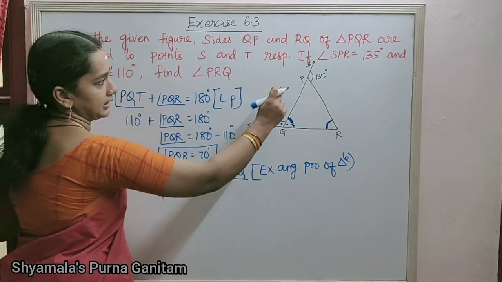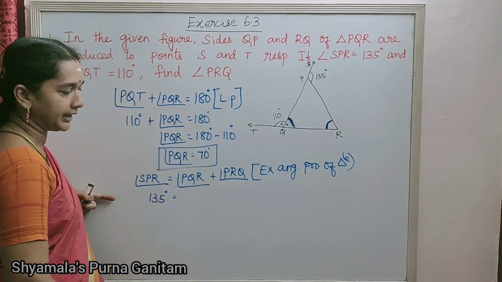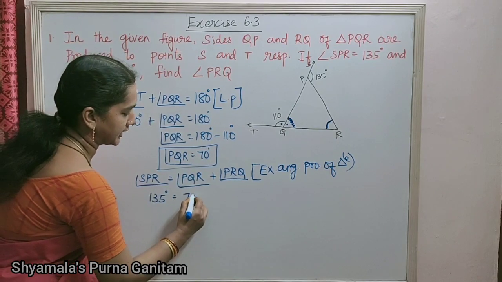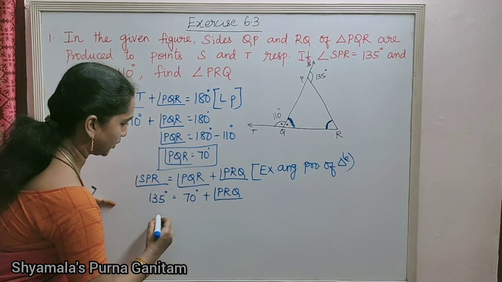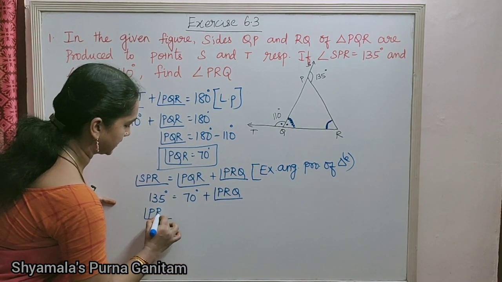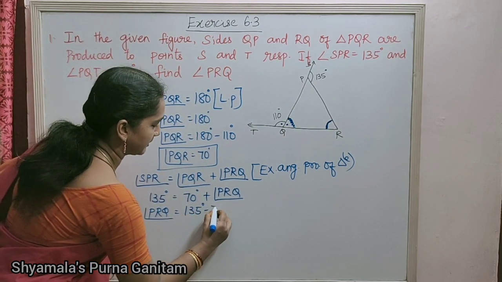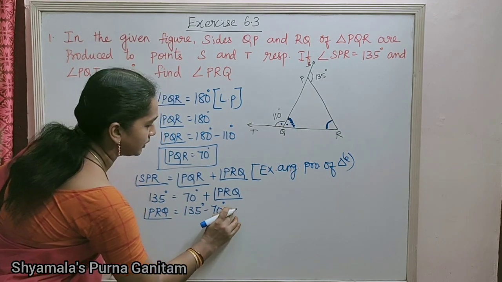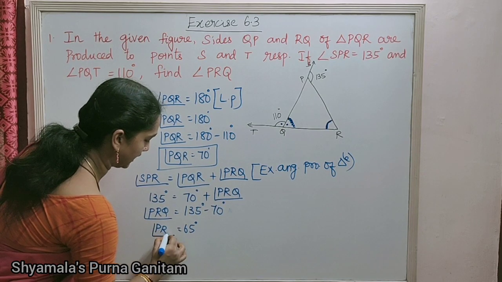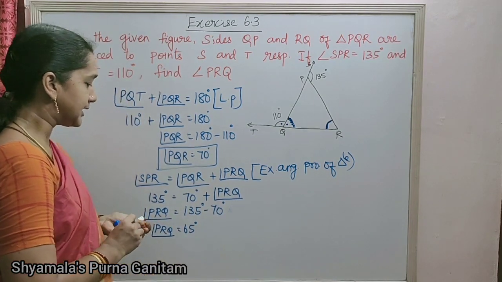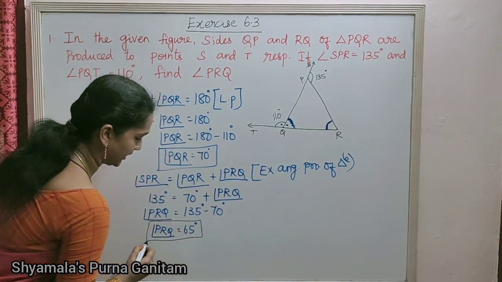SPR is given in the question as 135 degrees. PQR, just now we found as 70 degrees. We are asked to find angle PRQ. So PRQ is equal to 135 minus 70, that is equal to 65 degrees. So this angle will make 65 degrees.